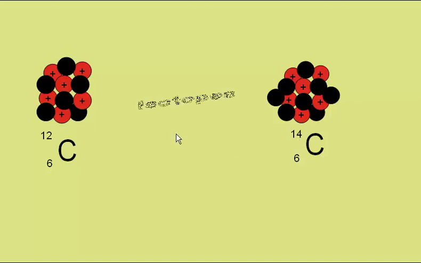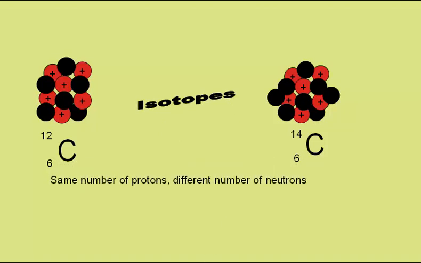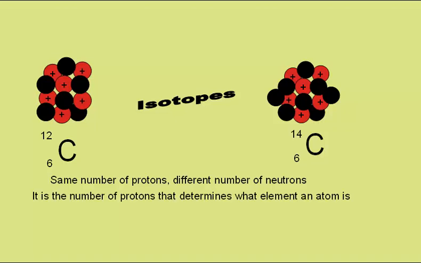These two are isotopes of carbon. Isotopes have the same number of protons, but different numbers of neutrons. They are both still carbon because it's the number of protons that determines what element an atom is.